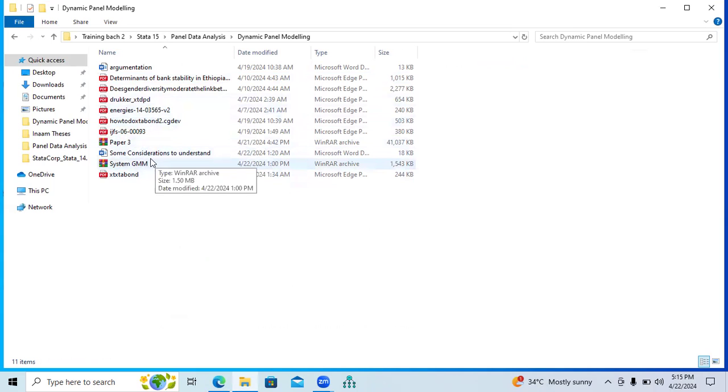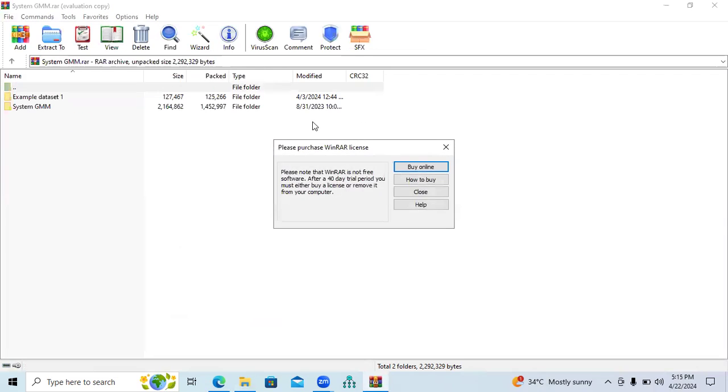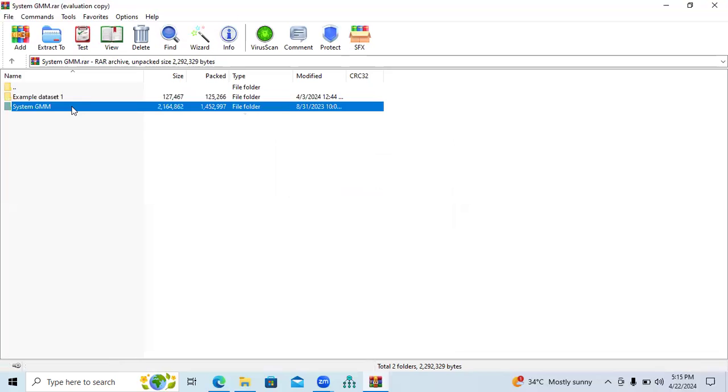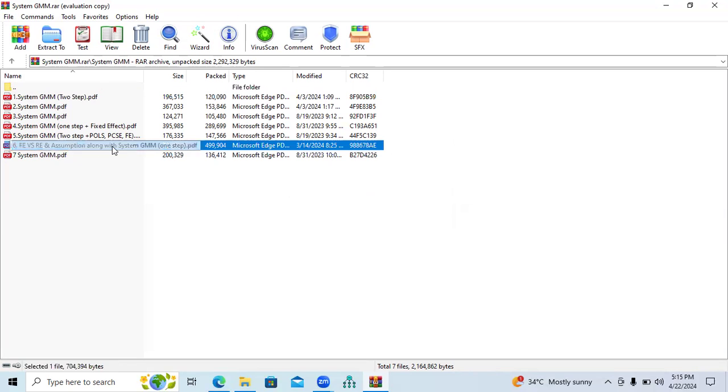The basic consideration that you need to understand, I will share with you some important papers regarding dynamic panel data estimations. So here is a paper on fixed effect versus random effect assumptions along with system GMM.